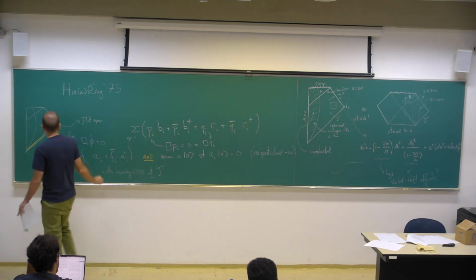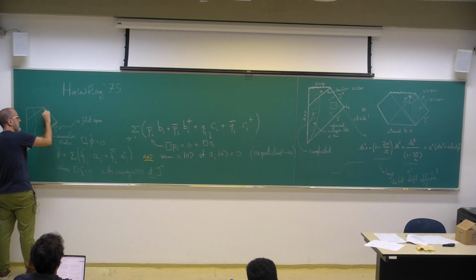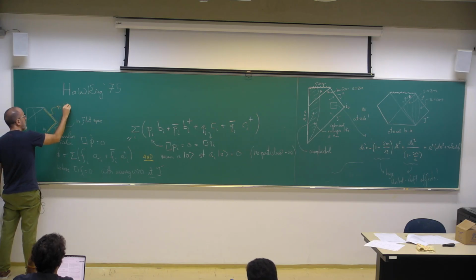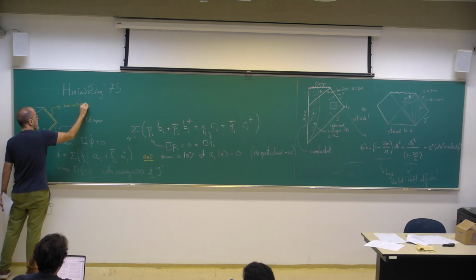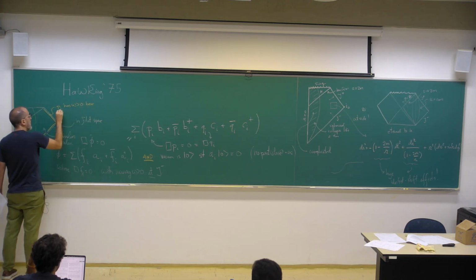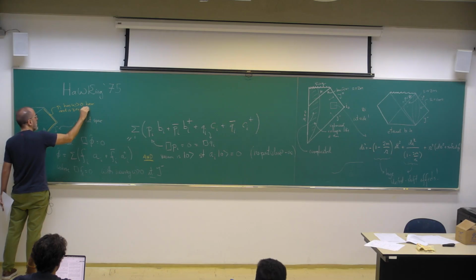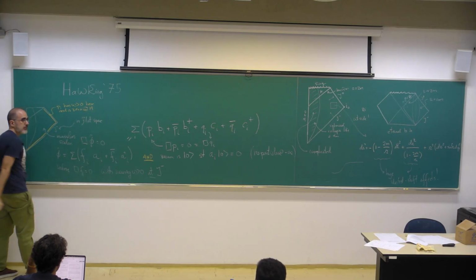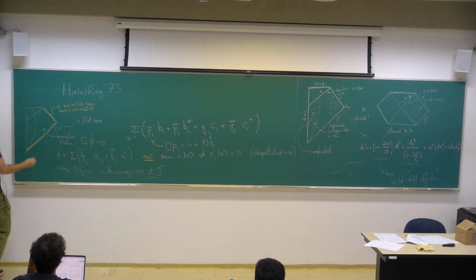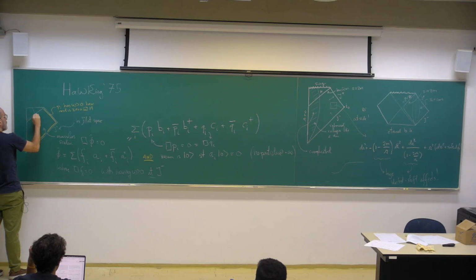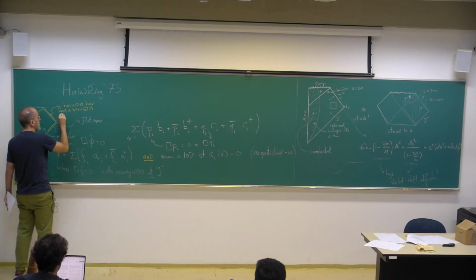This p_i is defined as positive frequency here and is 0 at the horizon. Okay, so this guy is 0 here, and the normal derivative as well.